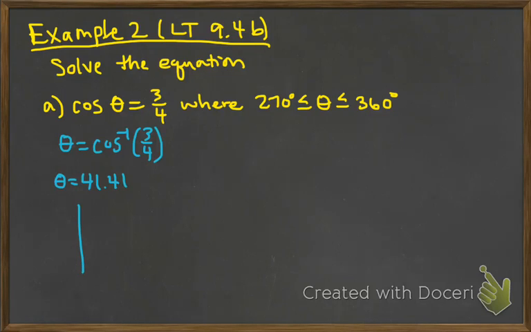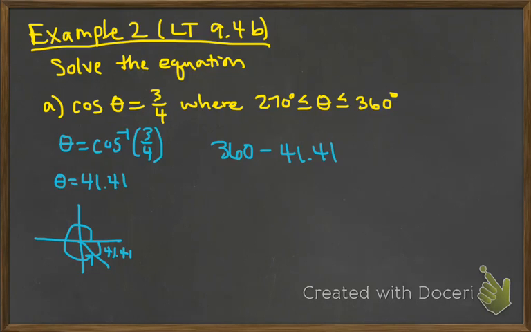If I want it between 270 and 360, that means I'm going to be in the fourth quadrant. So that 41.41 is actually the reference angle of the overall angle I'm looking for, this angle here. Because it is in the fourth quadrant, we learned the other day that to solve this, you do 360 minus that reference angle of 41.41.